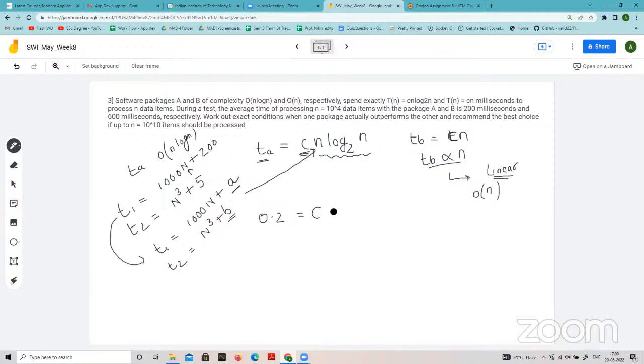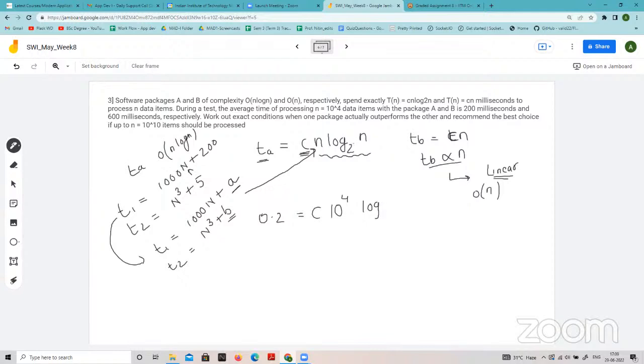C is something that I don't know, and n is something for that particular case. When am I getting 200 milliseconds? When n is 10 to the power 4. And here also I can say log to the base 2.